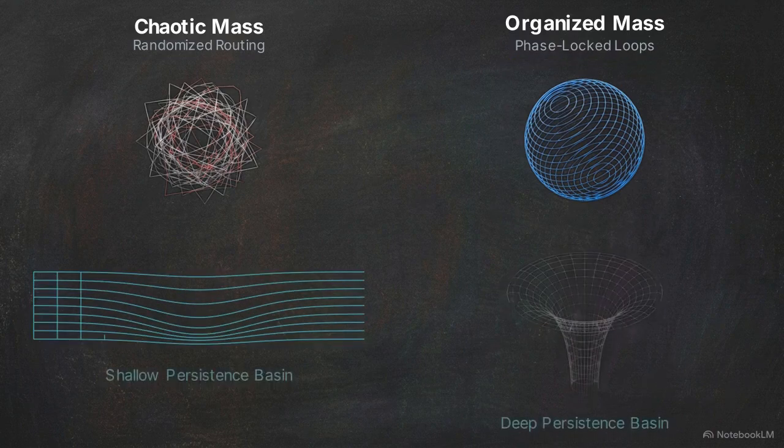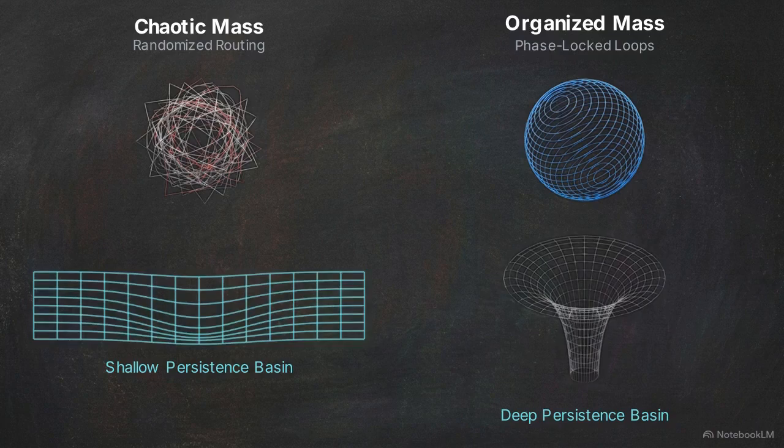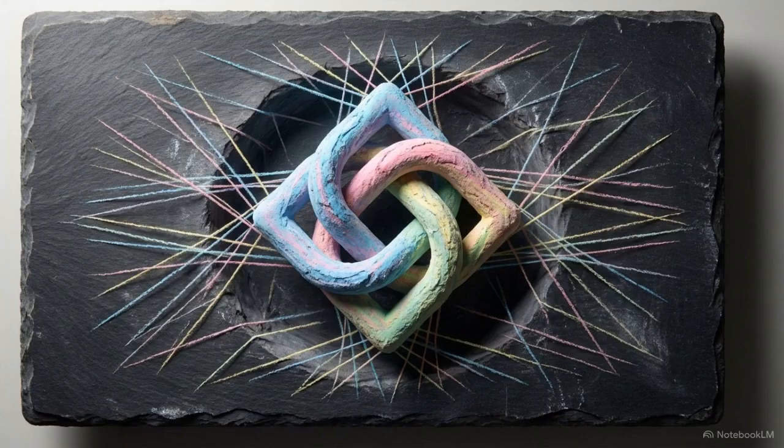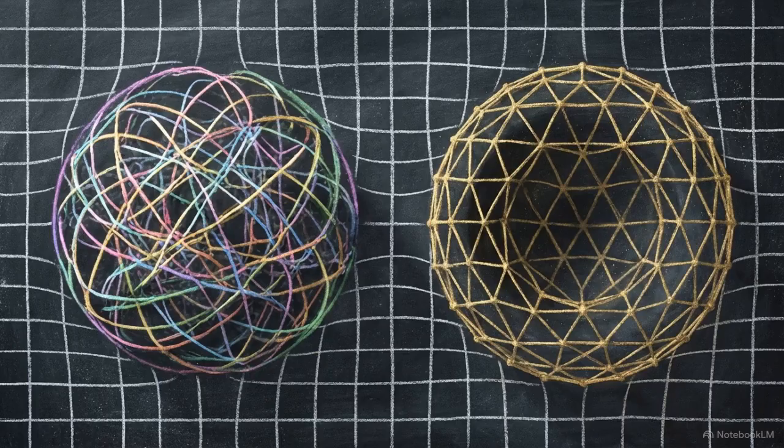The highly organized, phase-locked mass generates a different effective gravitational source profile than the chaotic mass. A lower frustration internal architecture allows the system to act as a deeper, more stubborn persistence basin, heavily modifying the relation field around it. Identical amounts of matter can literally warp spacetime differently depending on their internal topological coherence.